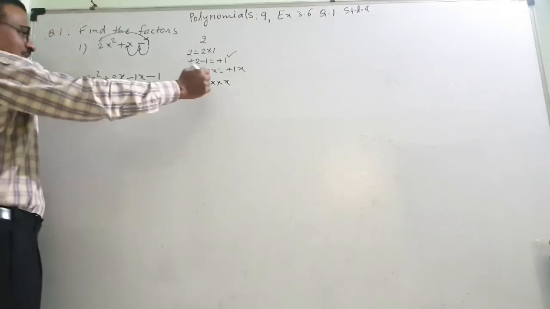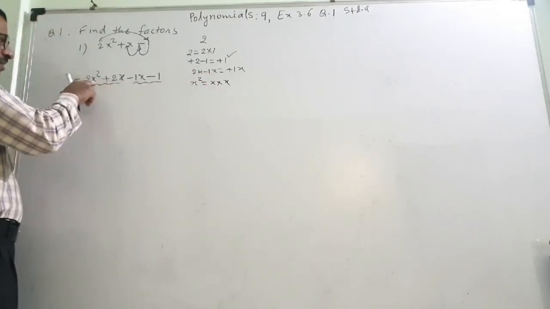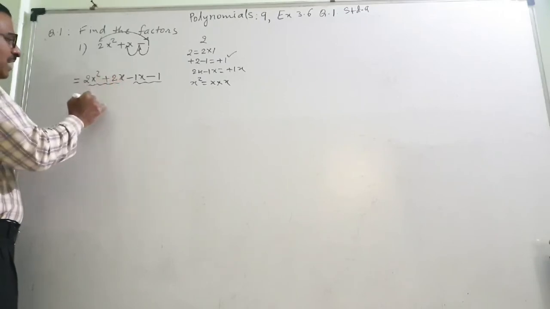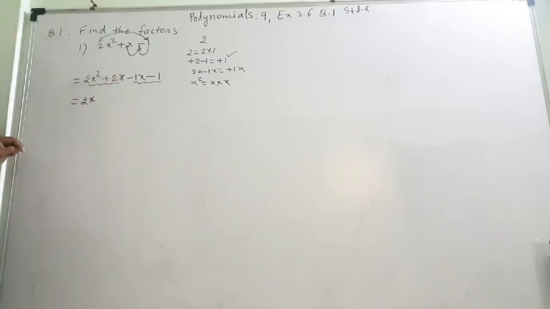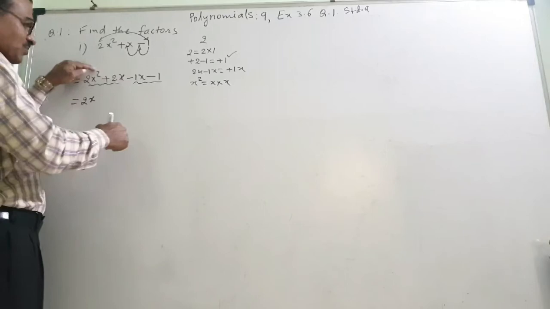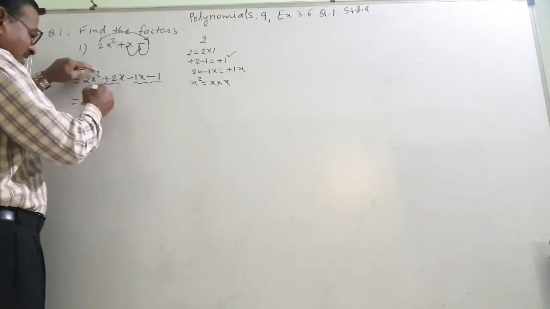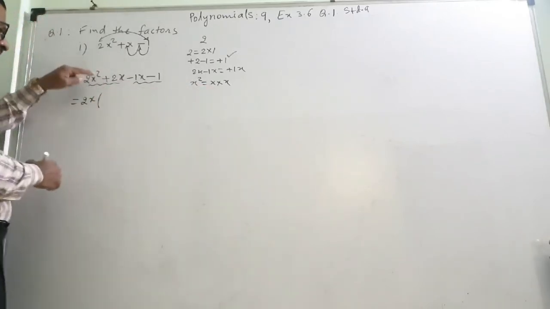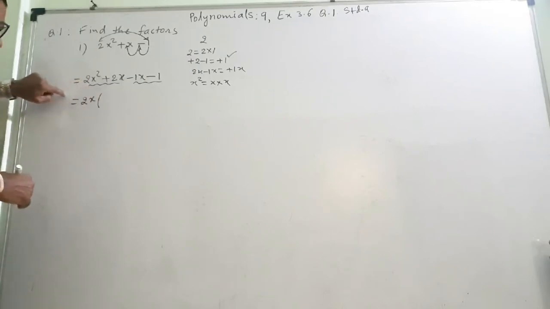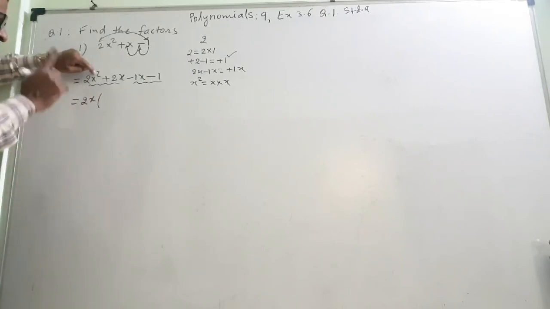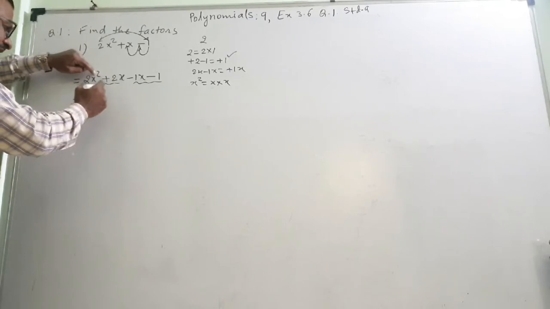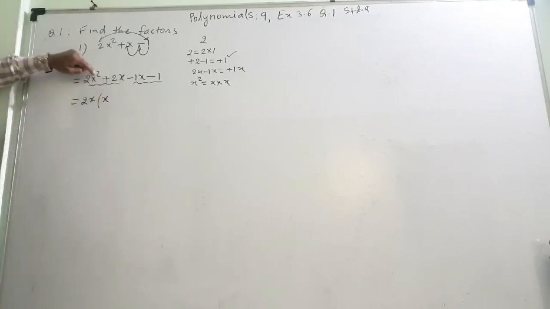That means here 1x is there, here is also x. So that x I will take. So it was x square, out of that x is written here. What is remaining, that I will write here. 2 is taken out. This was x square, means x into x. x is taken. So 1x will remain here.